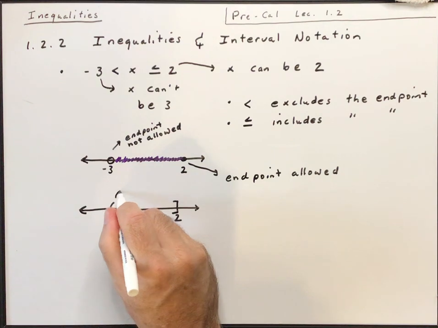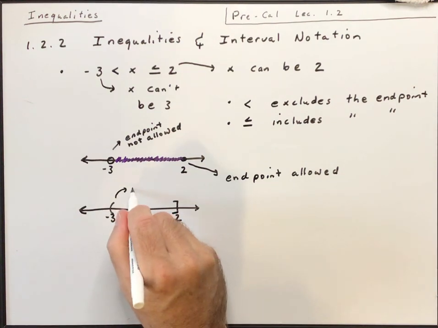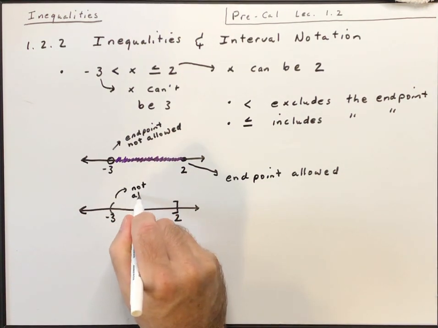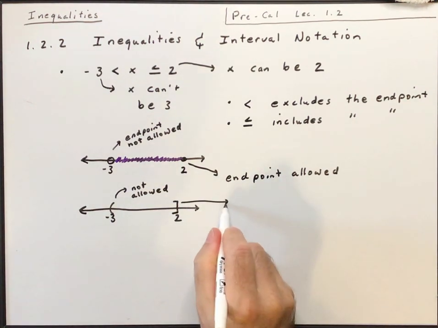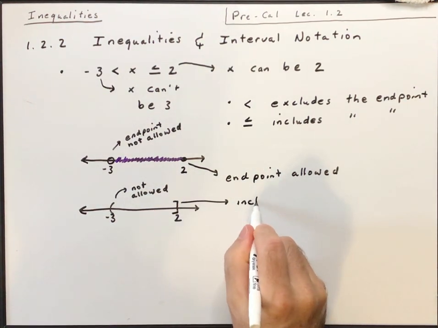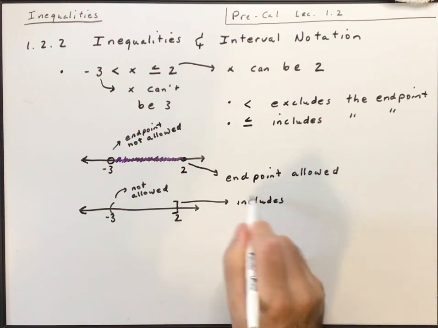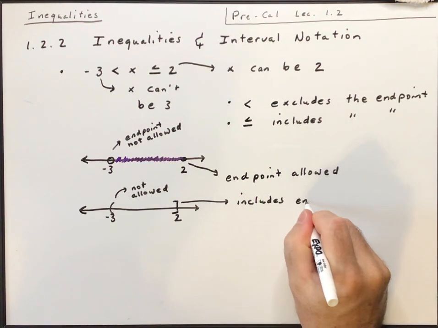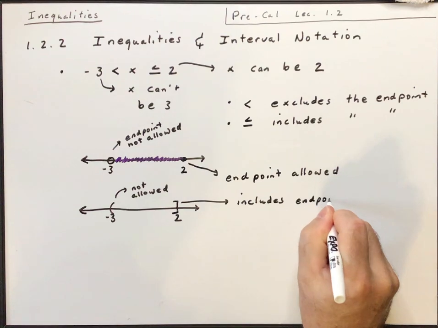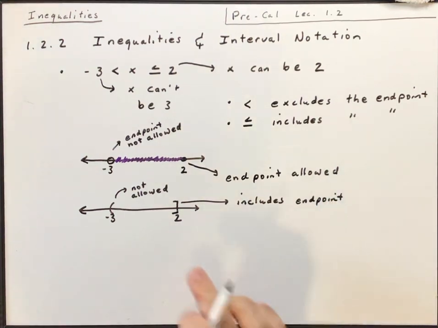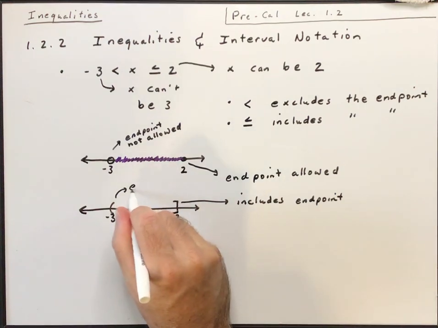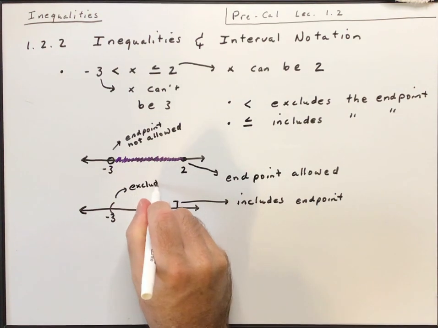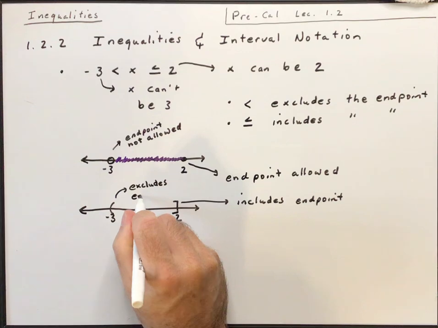So an open parenthesis means not allowed, not part of the interval, and a bracket includes the endpoint. All right, maybe a better way to say this is excludes the endpoint.